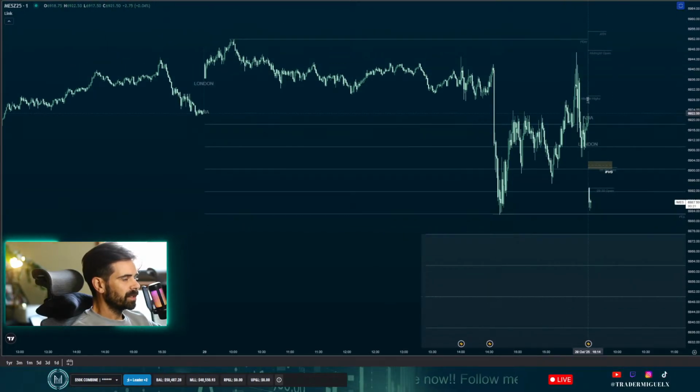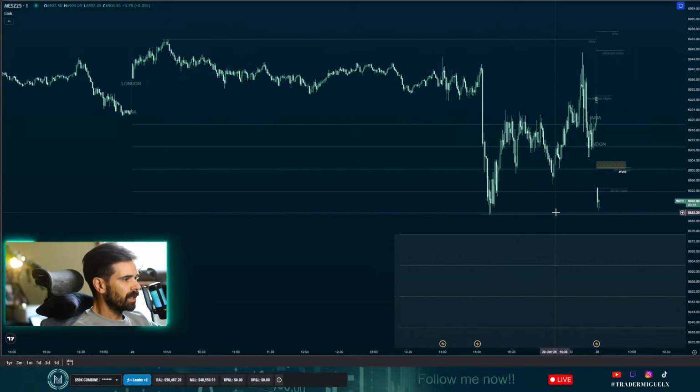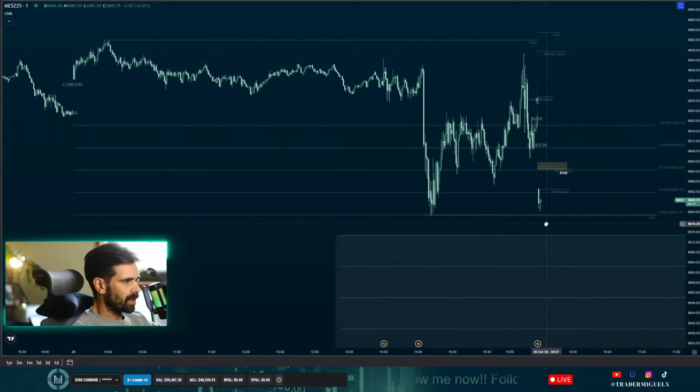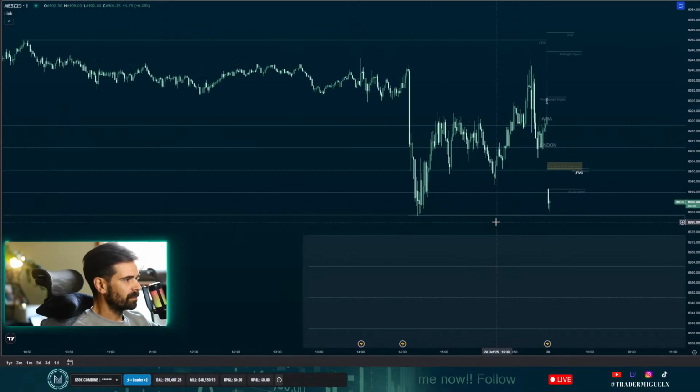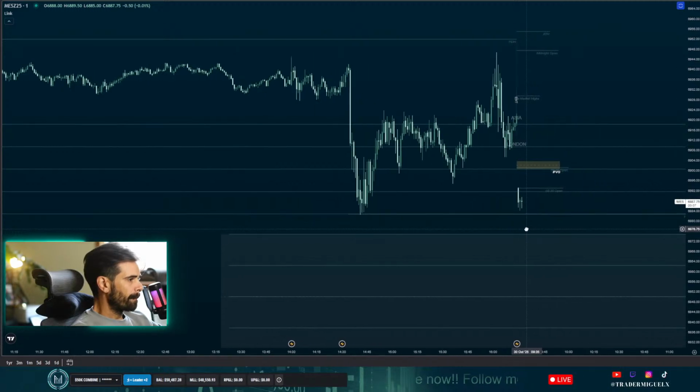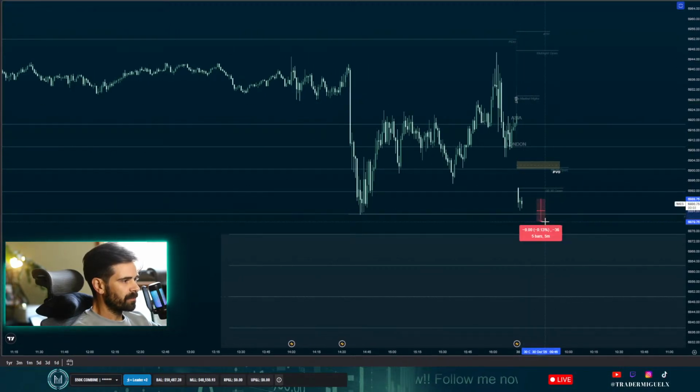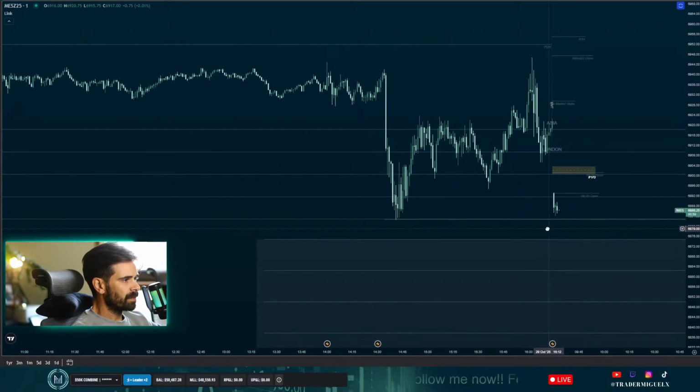Here we have the regular trading hour session sell side liquidity as well. Price is almost tapping previous day low, about 5 handles away from it, so I believe we will head to it right away.